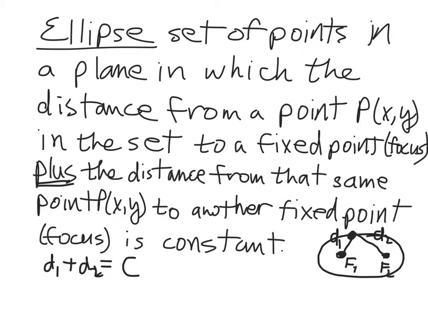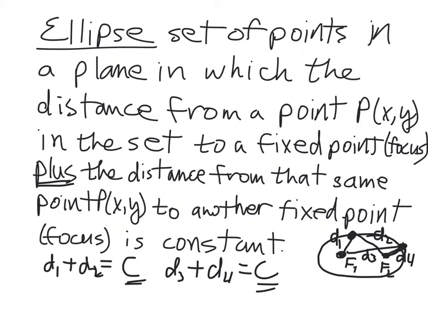Now we haven't defined yet what this constant is, but let's see another illustration here. If we pick this point P, there's the distance from the focus to that point and the distance from that point to the other focus. Call this D sub 3 and D sub 4. Well, the distance D3 plus the distance D4 adds up to this same value.